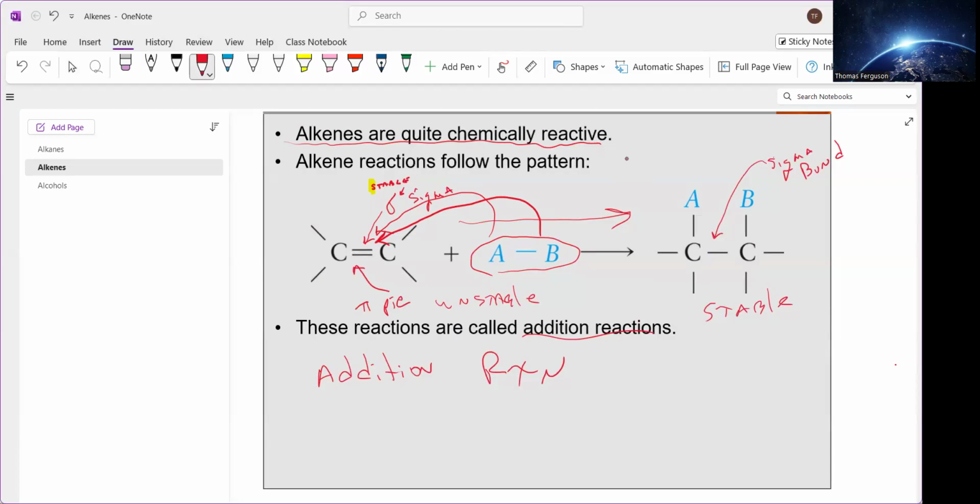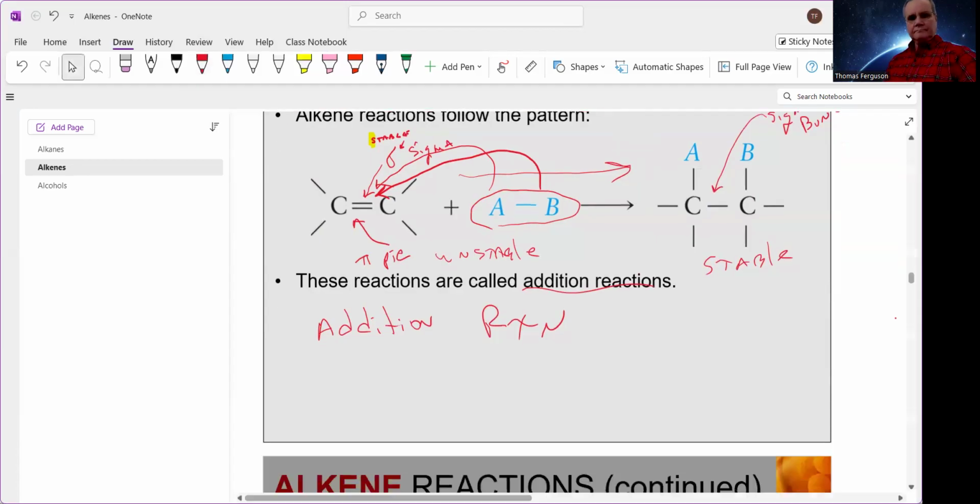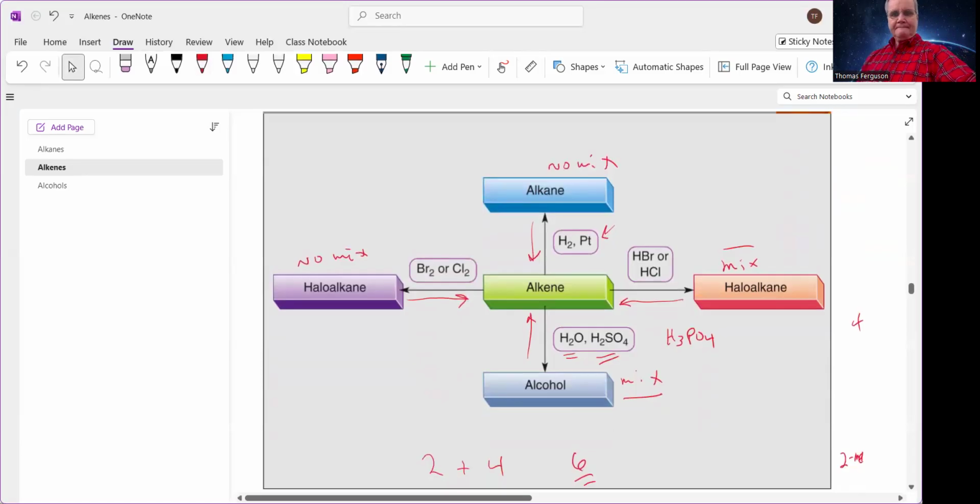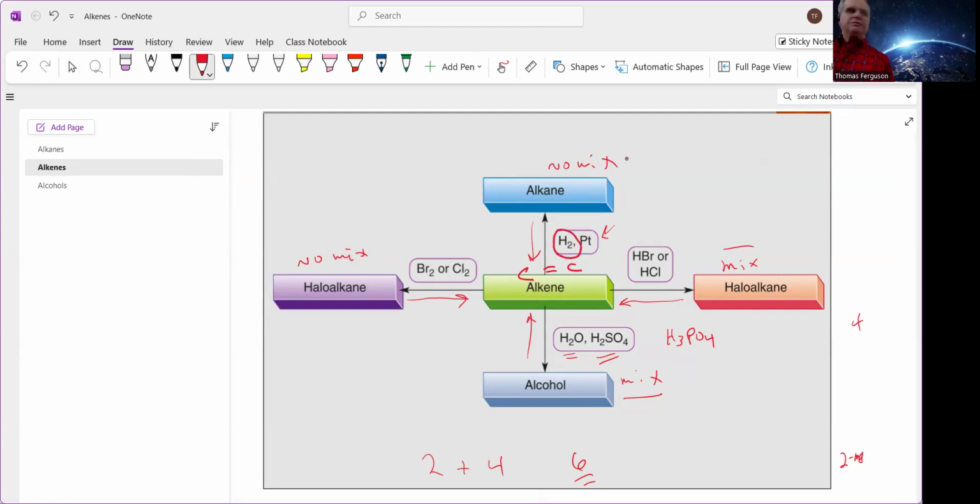Now, there are four different kinds of addition reactions, depending on what we're adding. Okay, if we start with an alkene and we add H2 to it, we form an alkane. I'm going to give you an example of all these.